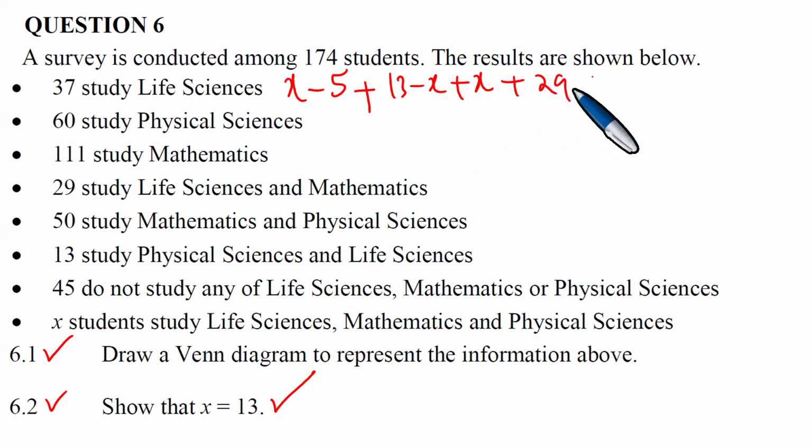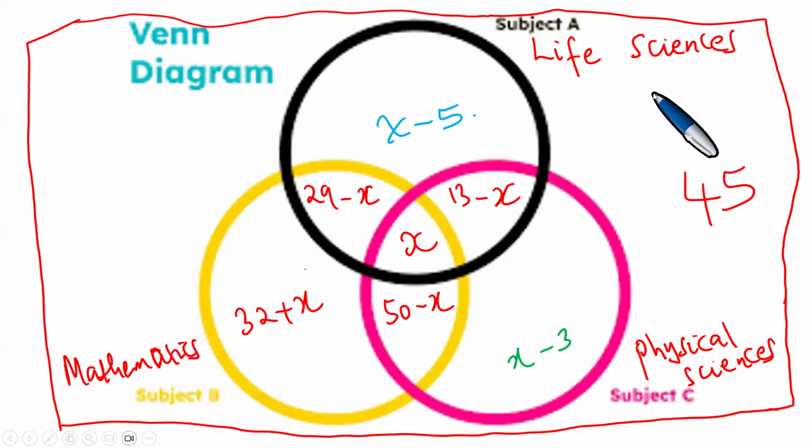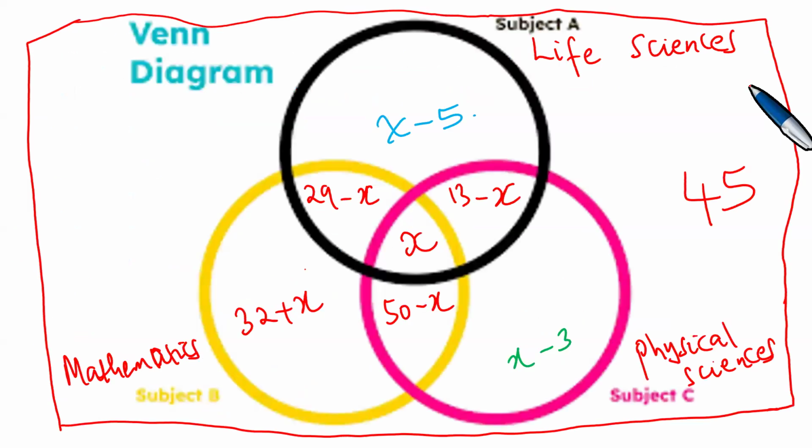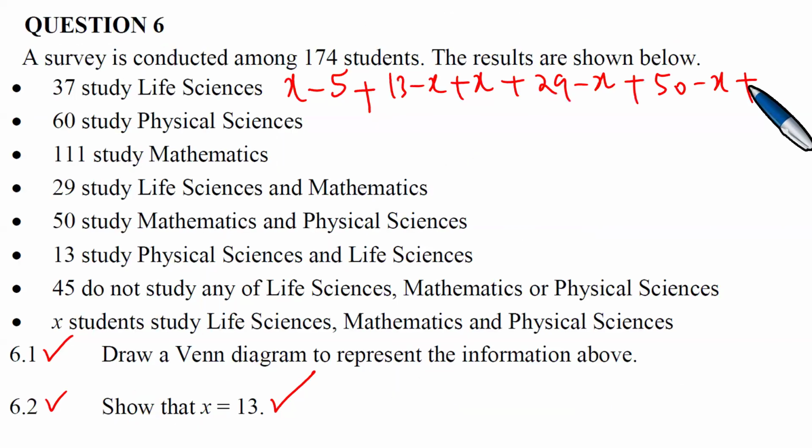Well done. Plus 13 minus x, what is the next one? You have 50 minus x, plus 50 minus x, plus what is the next one? x minus 3.